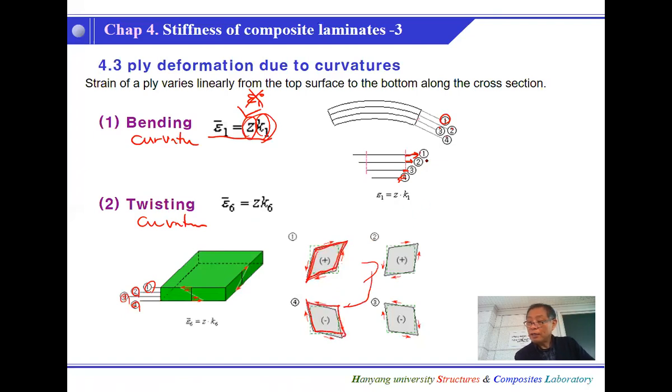So if we plot them in a similar way, at the top you have a tension like that. This is number 1, and number 4 is what? You have compression. So this is the deformation, right? But here are the deformations.